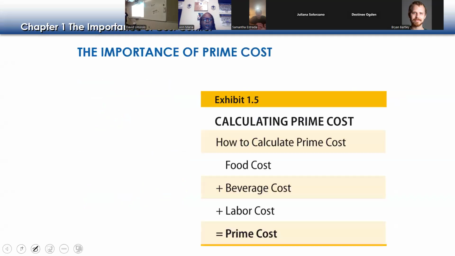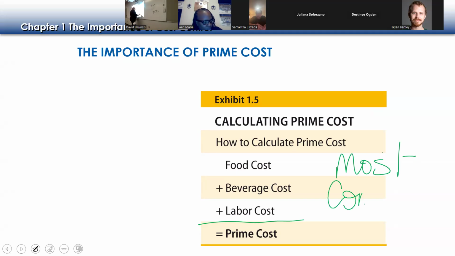So prime cost. Prime cost is food and beverage and labor. Okay. Food and beverage and labor is our prime cost. And the reason why it is our prime cost is because it is our most controllable.